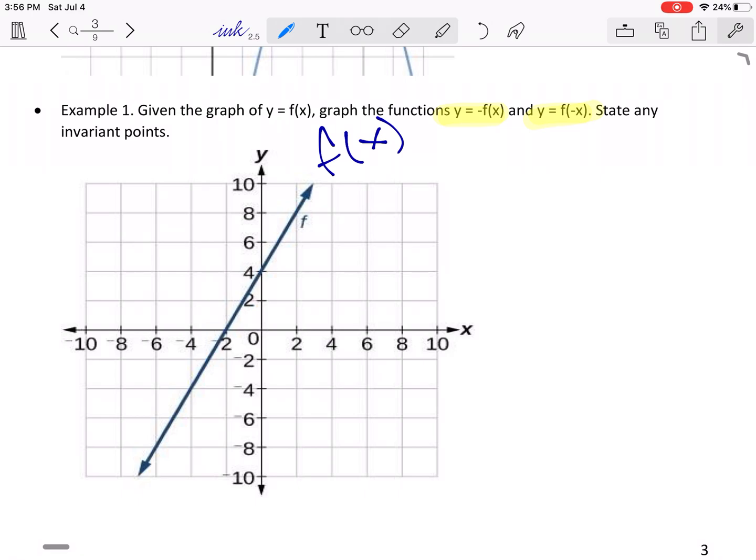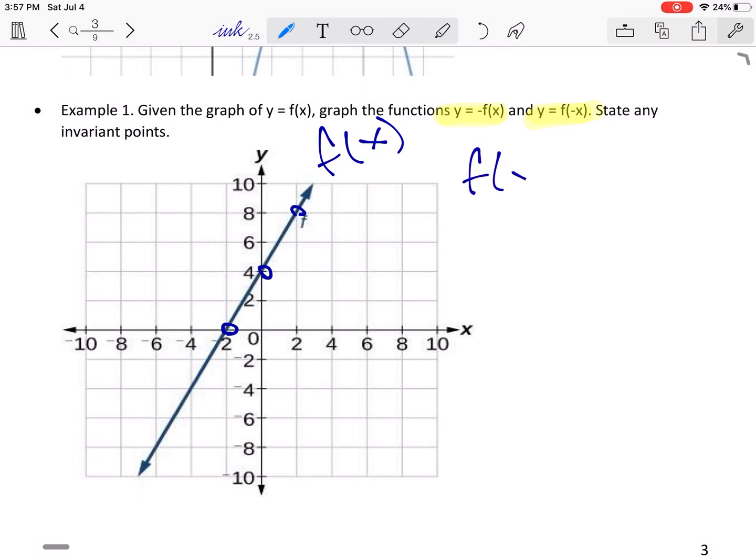So let's start with some coordinates that we can get off of this one here. It doesn't matter which ones. Let's say we look at this one, and this one. Just taking three coordinates. Again, it doesn't matter where you have them.